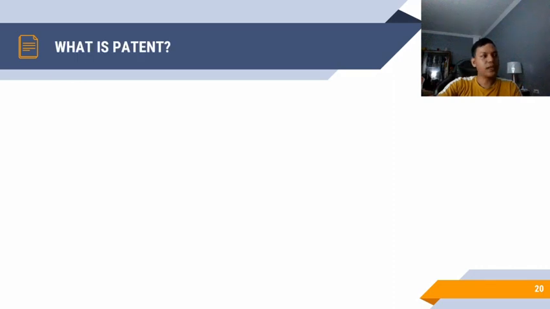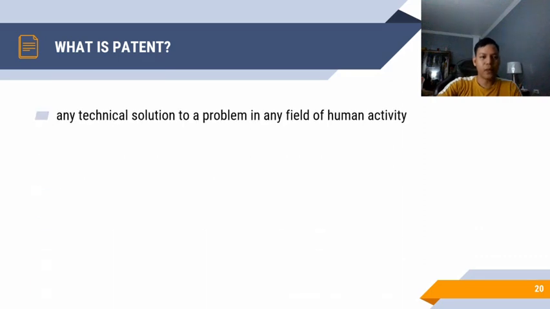So now we'll proceed to the patent. We're done discussing the copyright, the trademark and the registered mark. What is the patent? A patent is any technical solution to a problem in any field of human activity.